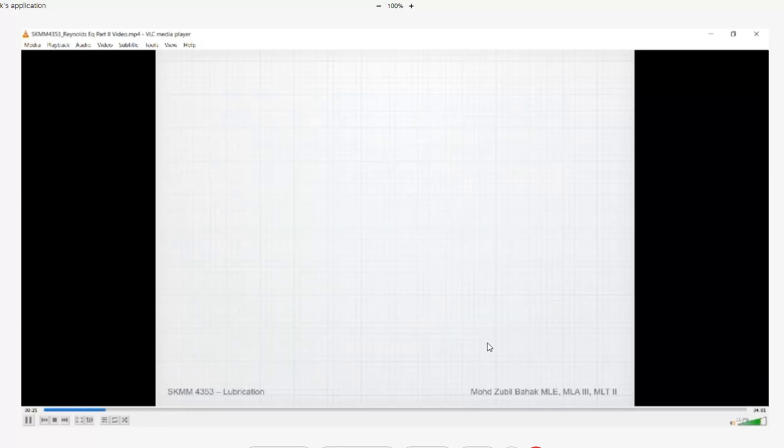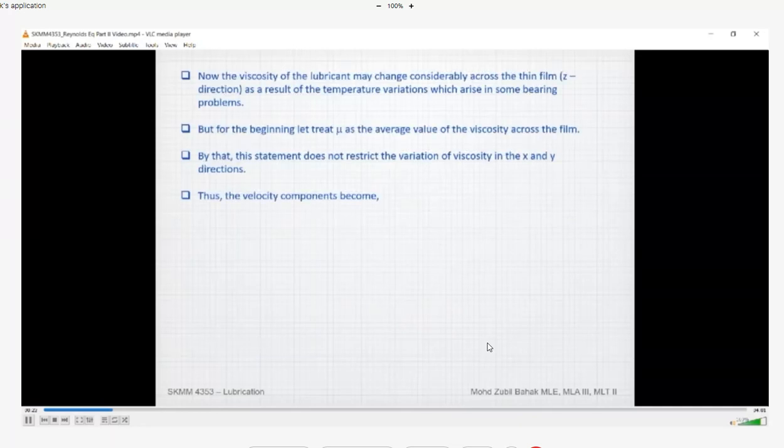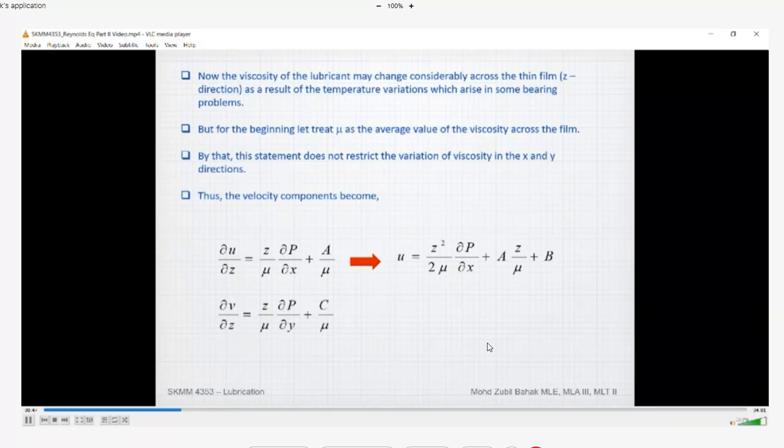In the first part of this series, we start with the Navier-Stokes equation and all the assumptions that we have, and then finally we have the velocity component u equal to z squared divided by 2 mu partial p partial x plus a z over mu plus b, and the velocity in the y component, v, is equal to z squared over 2 mu partial p partial y plus c z over mu plus d.